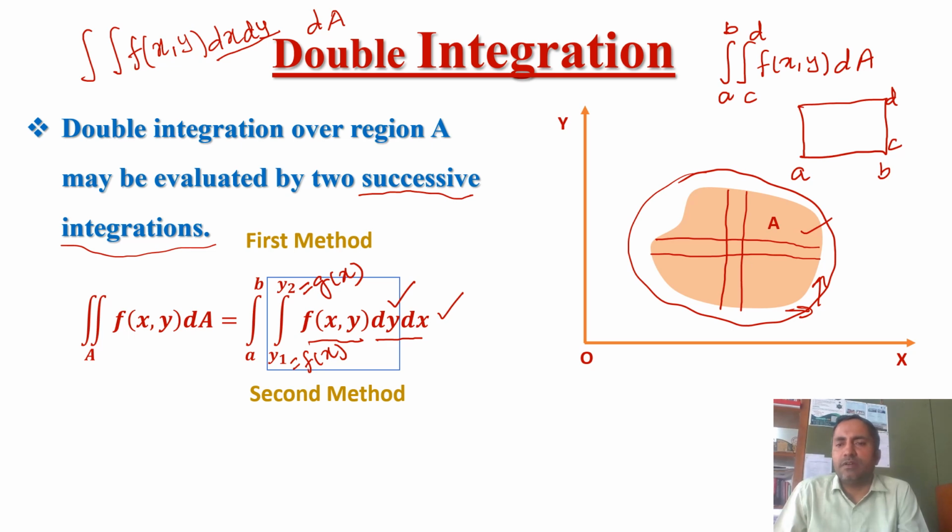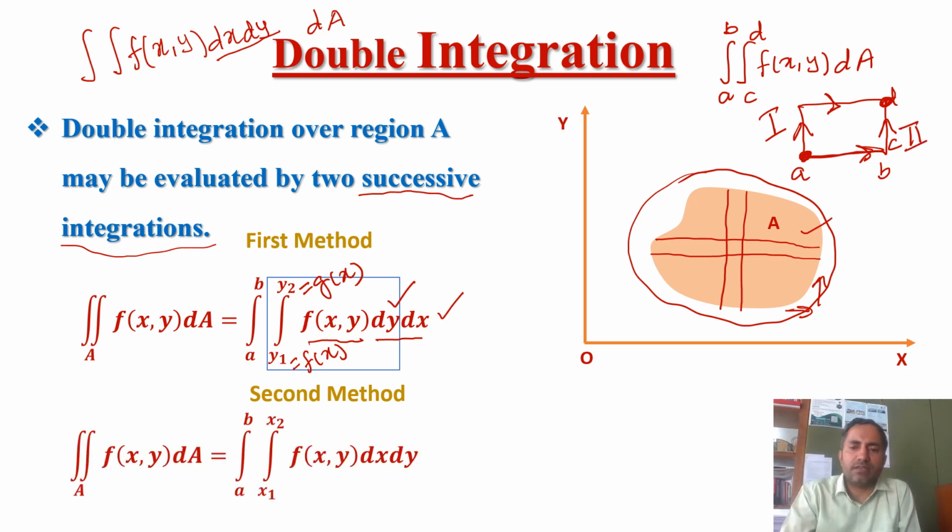In this way, first a to b that you are moving, and then in this way you are moving, so you will get the values. So in this case, first we have integrated with respect to x, then y. But in the first example, first y, then x. So from this point to this point, we are moving in two ways. This is method one, and this is method two that we can think.